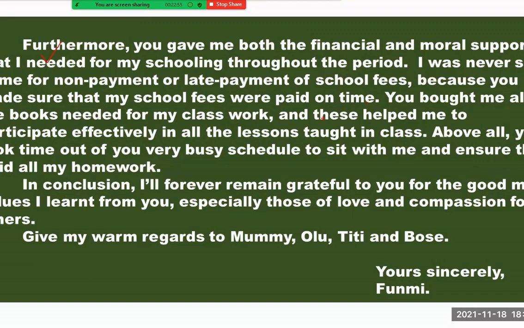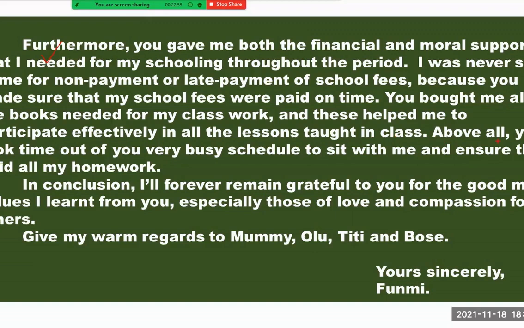You bought me all the books needed for my classwork, and these helped me to participate effectively in all the lessons taught in class. This was another financial support. He bought the books needed for you to do your classwork effectively.